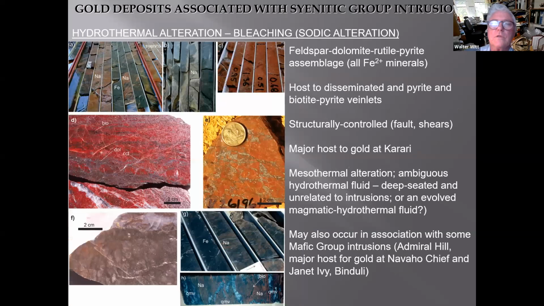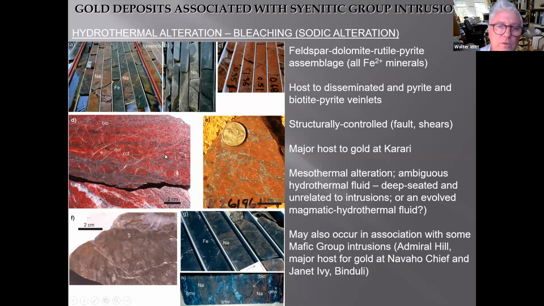The next alteration type is bleaching or sodic alteration, which is dominated by feldspar, dolomite, rutile, and pyrite. Notice that the iron in all these minerals is the Fe2+ variety, indicating a lower oxygen fugacity than the higher temperature alteration styles.